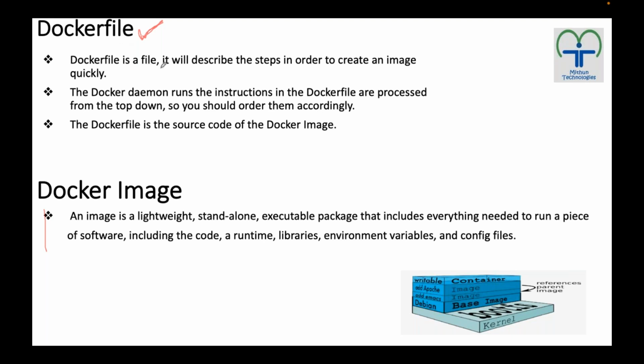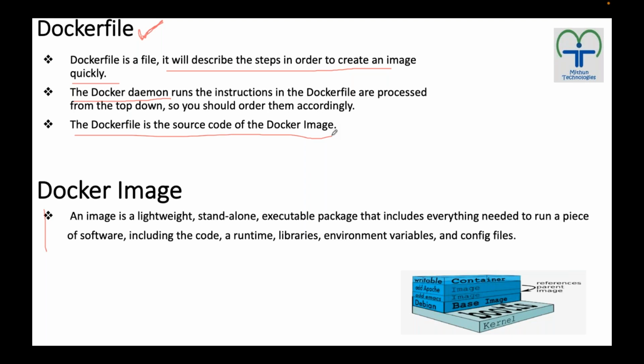So a Dockerfile is a file. It describes the steps in order to create an image quickly. Who will process the instructions defined in the Dockerfile? The Docker daemon. The Docker daemon will run the instructions in the Dockerfile and create an image. Simply put, can I call this Dockerfile the source code of the Docker image?